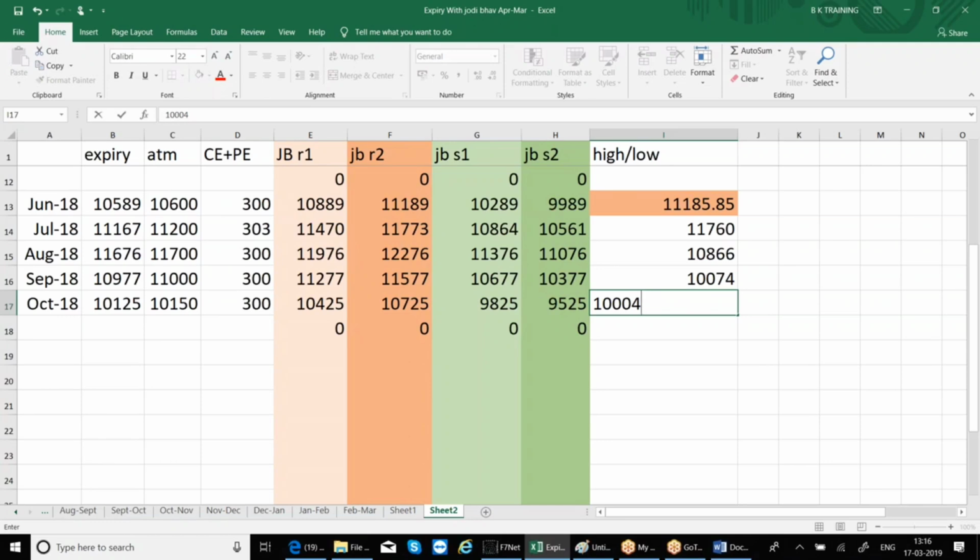Because क्या हुआ है? 11,700 से 15% माइनस करो, कितना होता है? मैं कैसे शॉर्ट जाऊं? और क्या यहाँ से जो उठा है अगर 15% ऐड करती हूँ तो कितना होता है?